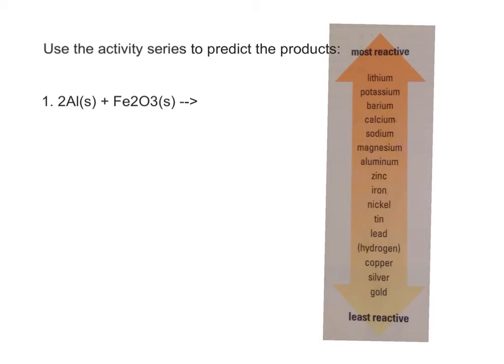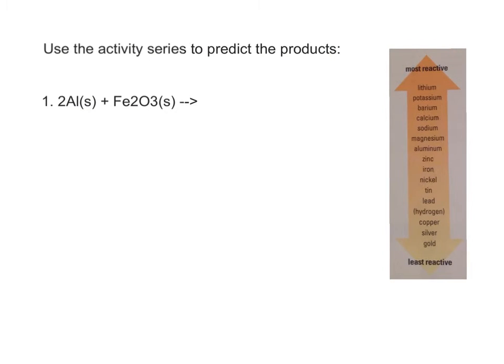Knowing that elements only replace elements that are lower on the activity series than themselves, we know that, in fact, aluminum is going to displace iron from the oxide, giving us our products of iron and aluminum oxide.